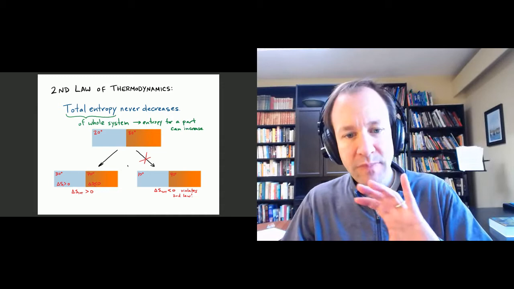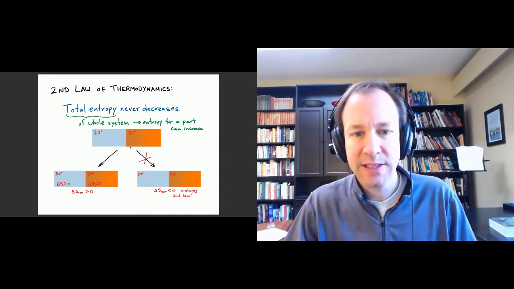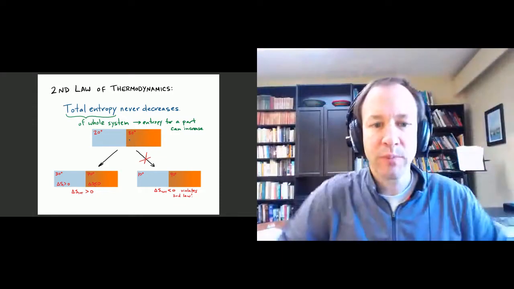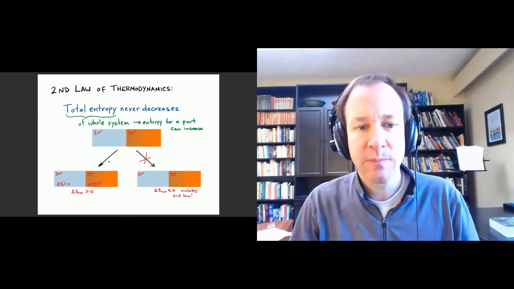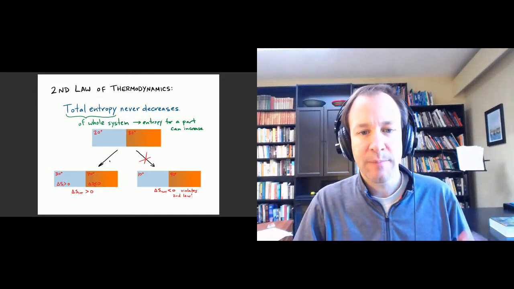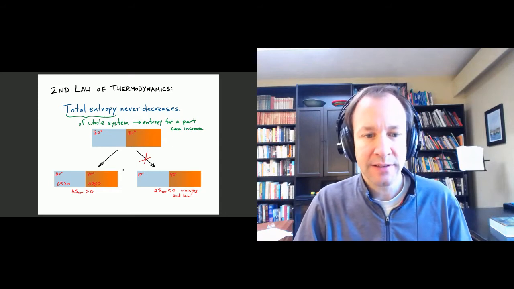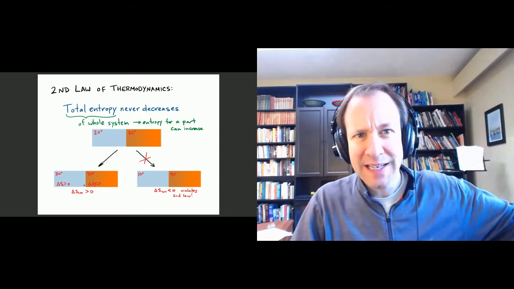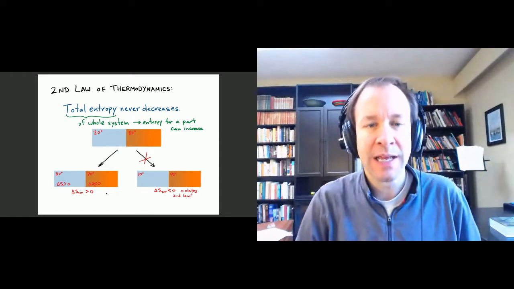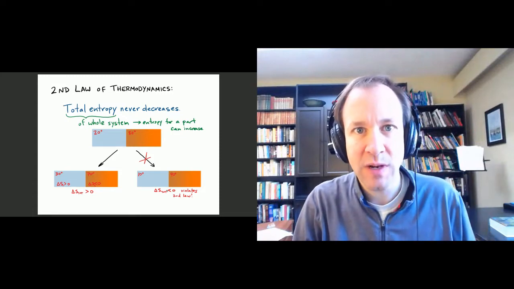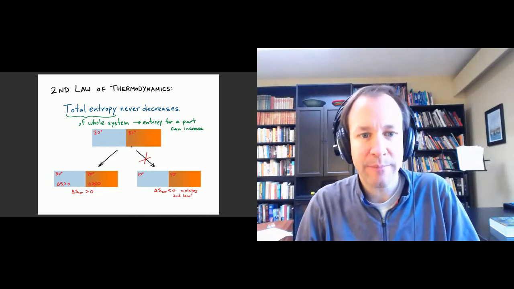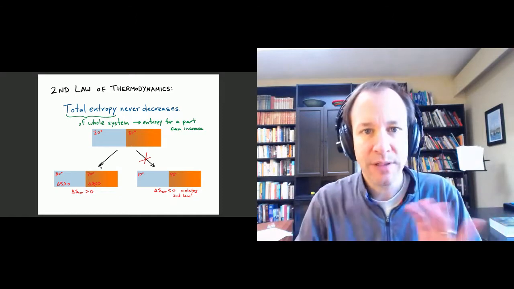The statement of the second law basically says that because the transfer of energy between molecules is essentially some random process, we're going to be much more likely, almost infinitely more likely, to end up in a configuration like this compared with a configuration like this, because there are, as we wrote down last time, 10 to the power of some enormous number times more configurations similar to this one as compared to this one. So we're basically always going to end up moving towards something like this, where the temperatures are more balanced.